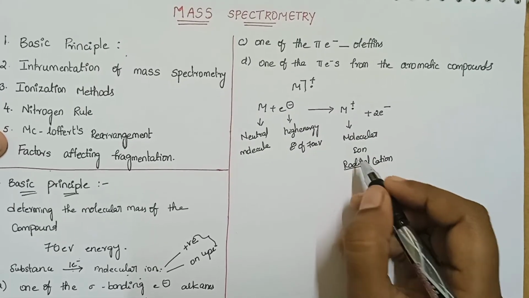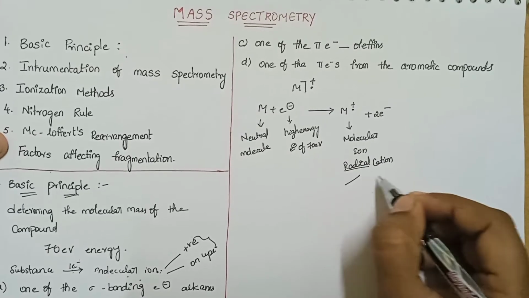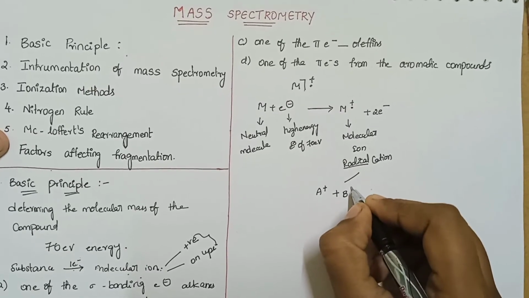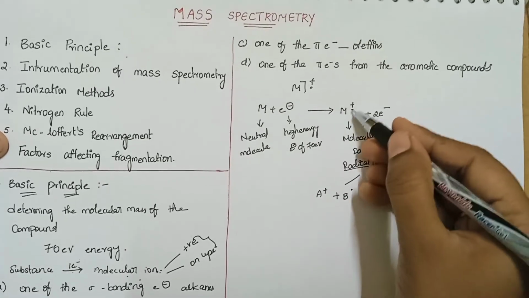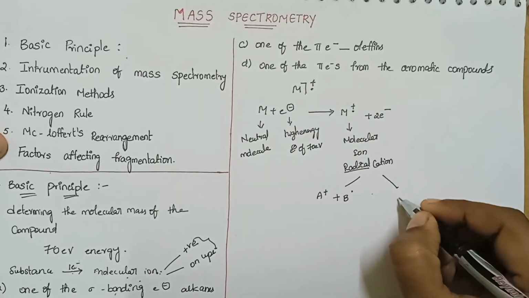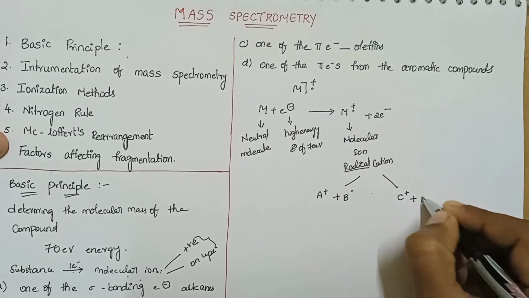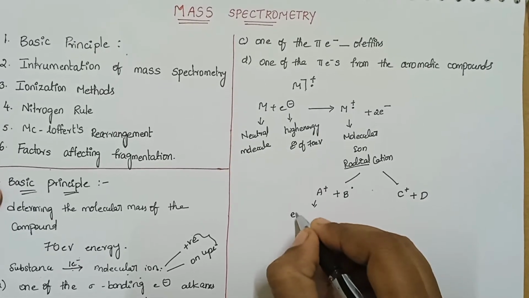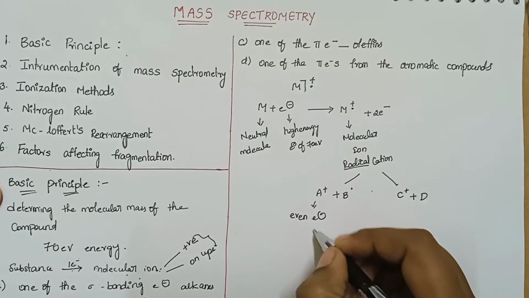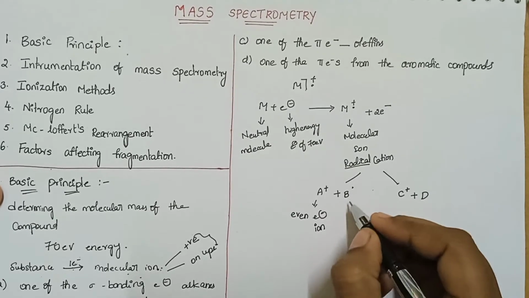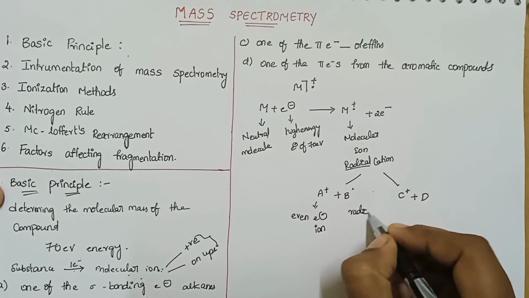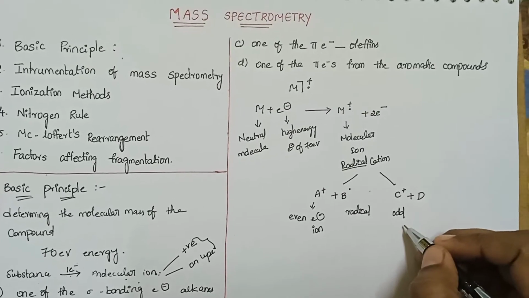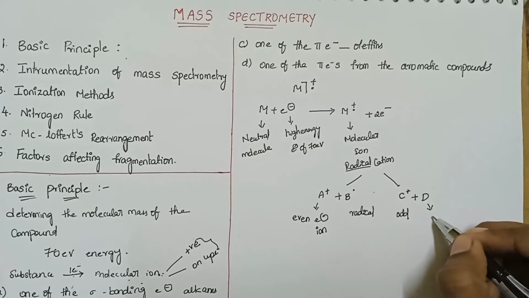In this radical cation or molecular ion, A plus and B radical, and also C plus and D. A plus means an even electron ion, and B is the radical, an odd electron ion, and D is a neutral molecule.